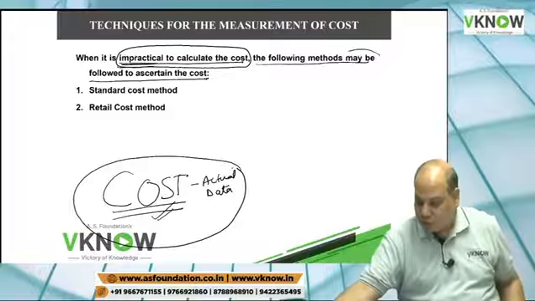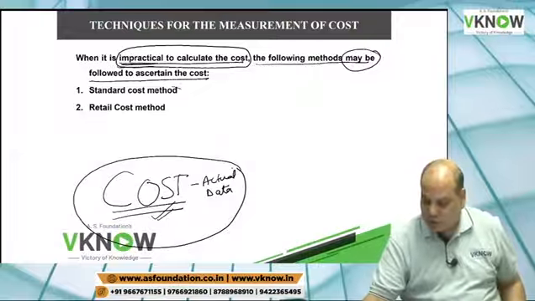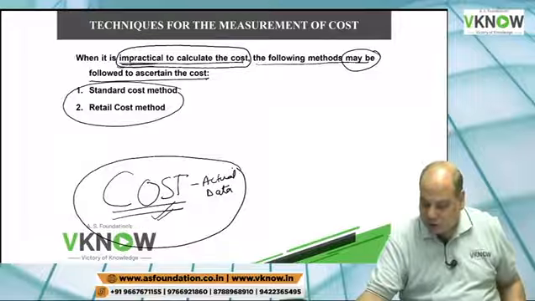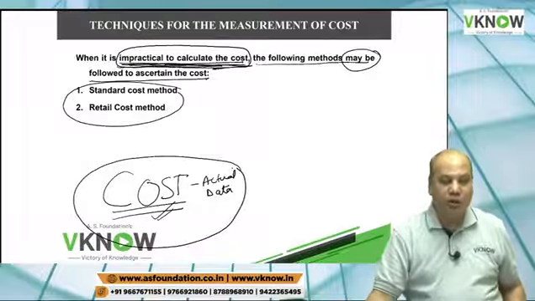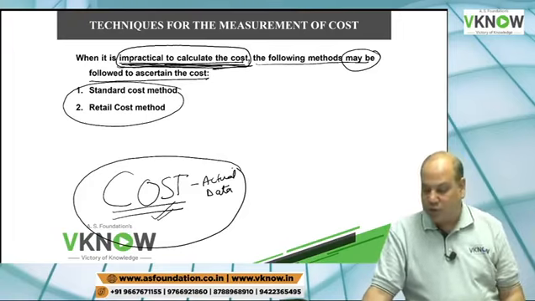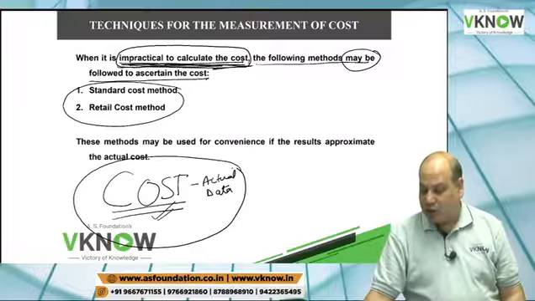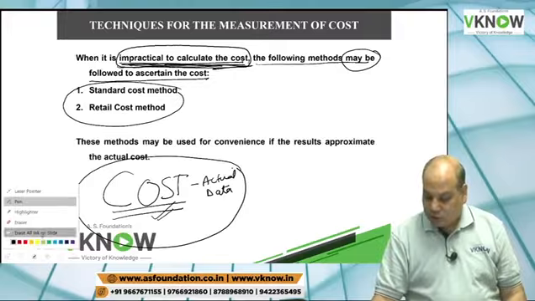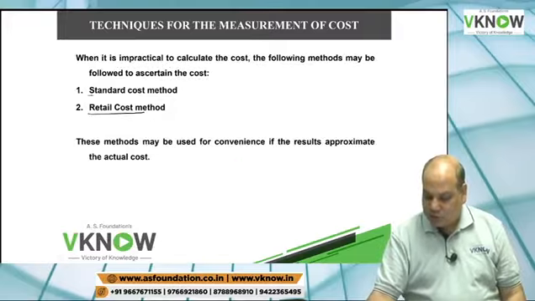Underline, when it becomes impracticable to calculate the cost by the FIFO, weighted average or specific identification method, then you can apply standard cost or you can apply retail cost method.